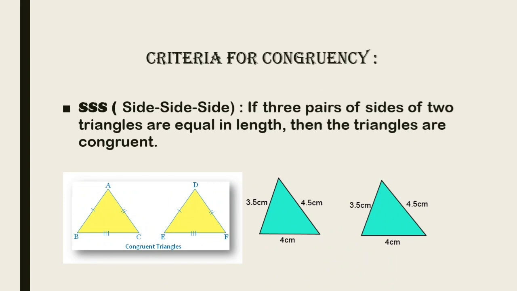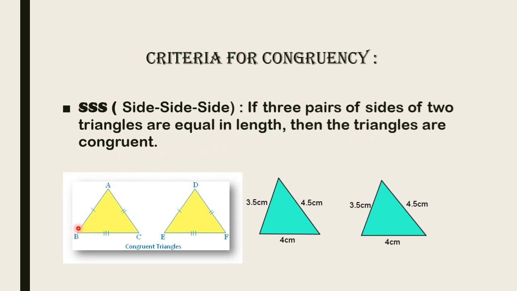Now let's see the various criteria for congruency of triangles. The first test is SSS, which means side, side, side. If three pairs of sides of two triangles are equal in length, then the triangles are congruent.